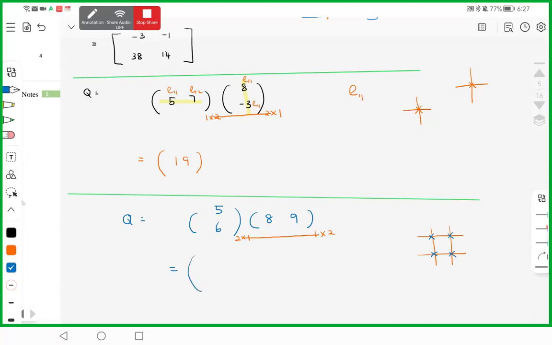Then you multiply. First one, row 1, column 1. That's the answer. Multiply only row 1, column 1. Next, go to the second one on the right side: first row, column 2, right? So 5 times 9.